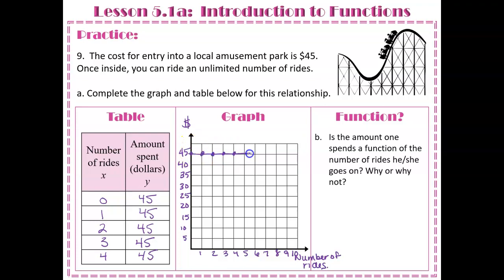I can just go on like that forever because we know it's always going to cost 45. Well, is the amount one spends a function of the rides she goes on? Why or why not? So look at, if I draw my vertical line like this, it only goes through 1. So this is a function. And if I look at my table, there are no duplicate x's. Also a reason it's a function.